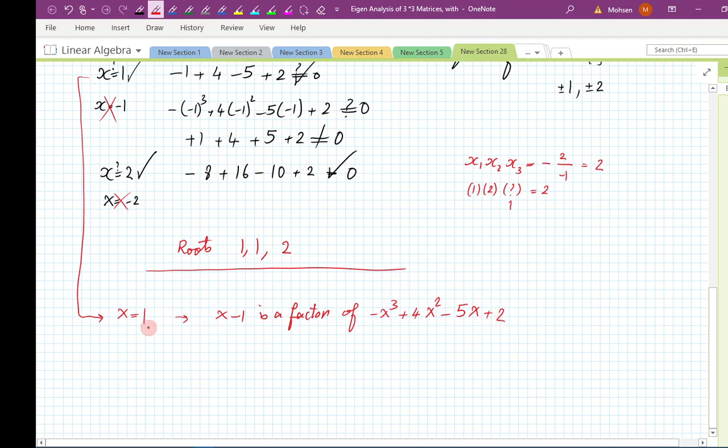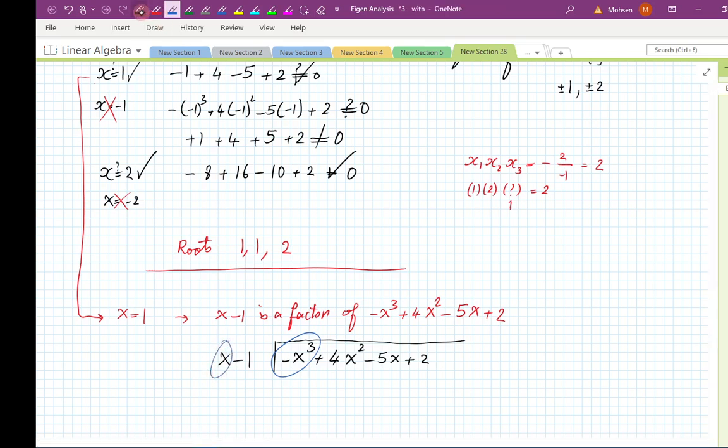Claim is that if you just have this, you have made a big discovery. You can find the other roots easily. How? Here's how. We go ahead and divide, just the favorite activity from your high school class, a long division or short division, synthetic division or whatever, any division is fine. X minus 1. So I take this, divide by that. What's the ratio? I'll write it in red.